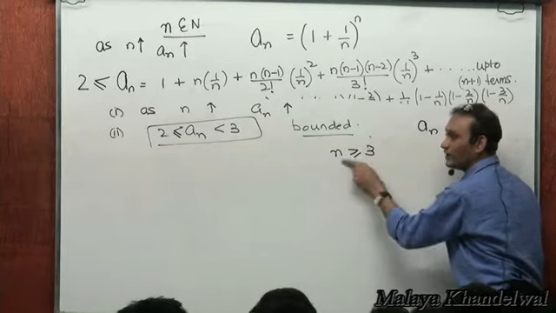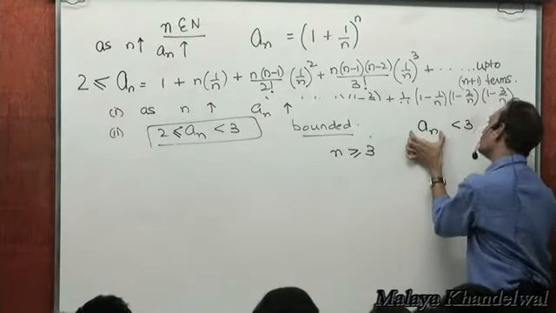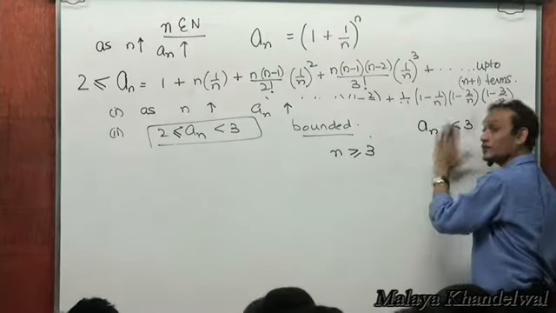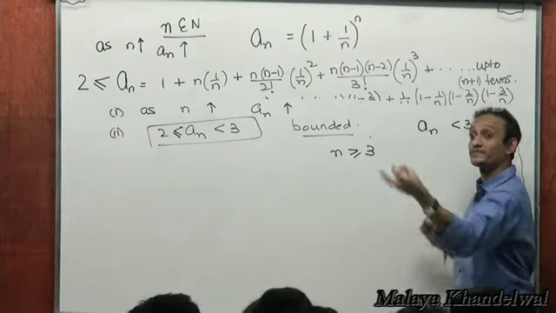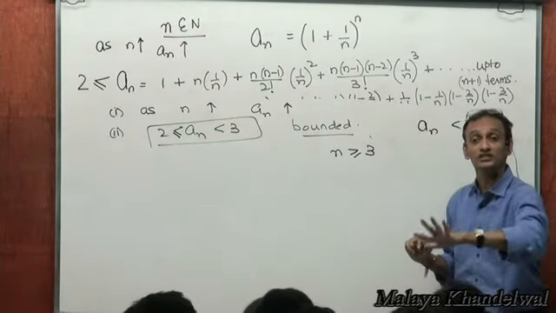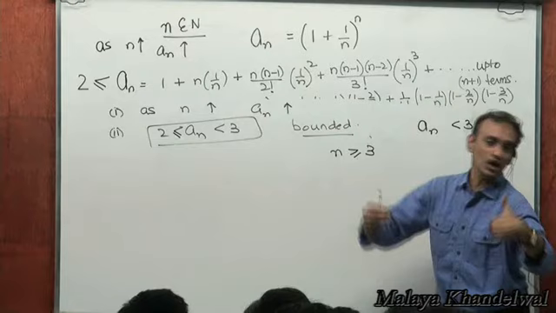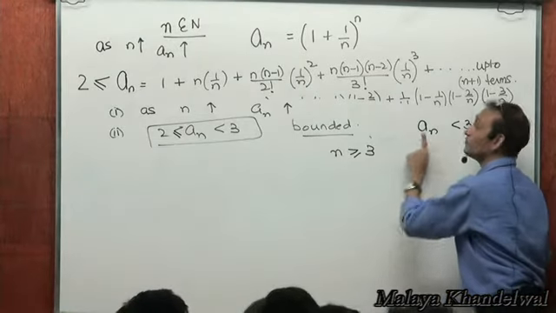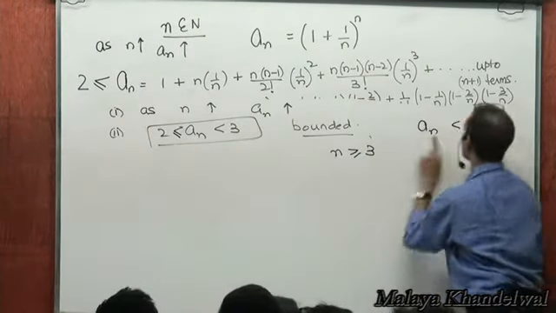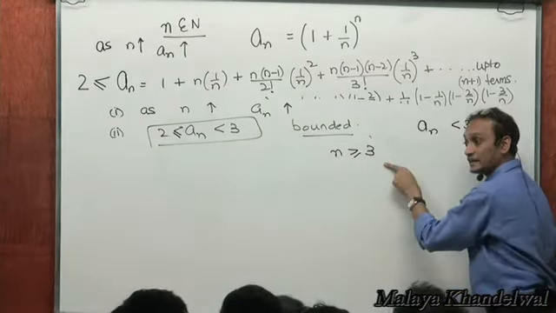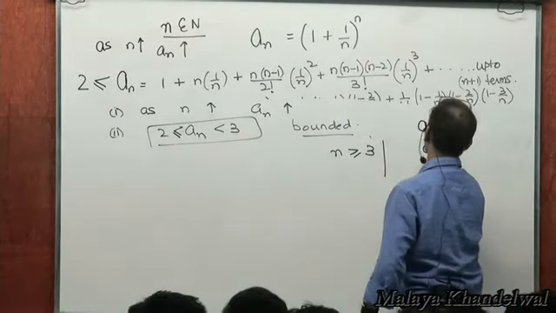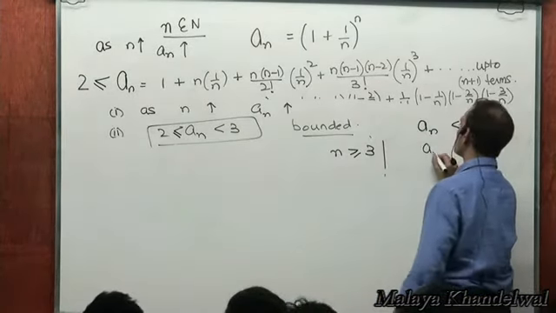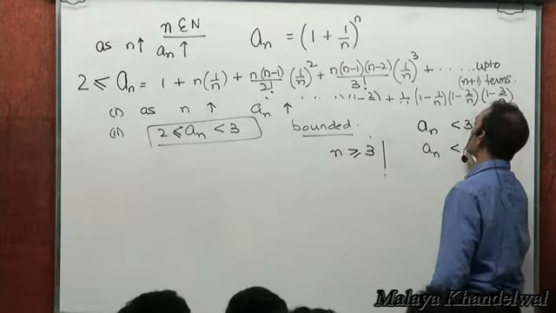N will be greater, isn't it? Yes, because no matter what n I select, an will always be less than 3. But if I select an n greater than or equal to 3, that means I could have selected n equal to 3, 4, 5, 6. For any n 3 or more, an will not exceed n, because an is less than 3 and n is greater than or equal to 3, right? So then for n greater than or equal to 3, I can say that an must be less than n.